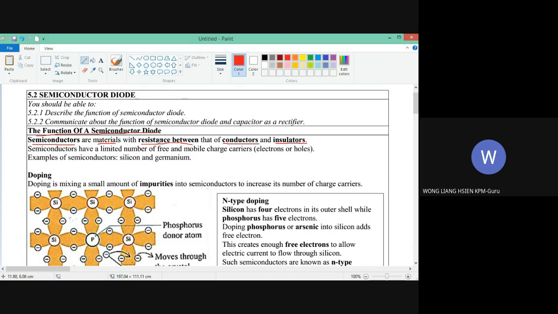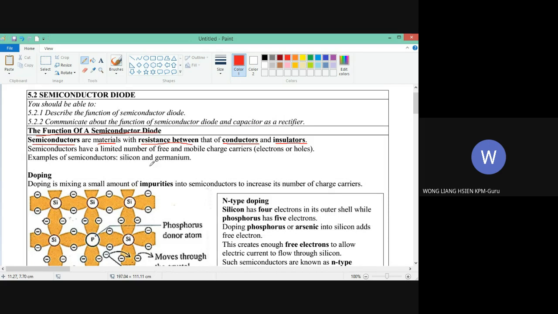Or more precisely, it is a material with resistivity between conductor and insulator. So if you check back your notes from when we learned about resistance, I think in topic 3.2, there is a table that lists out the resistivity of conductors, of insulators, of semiconductors.